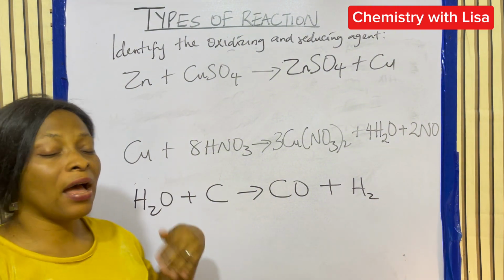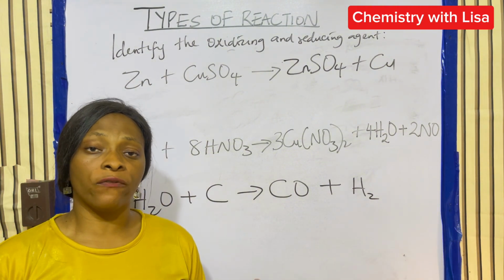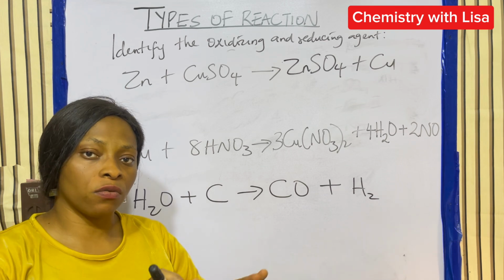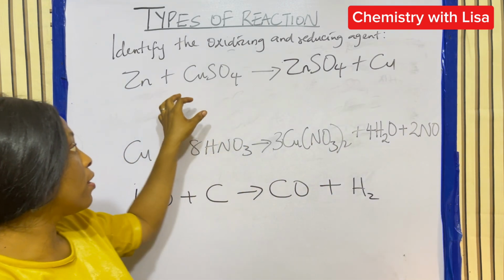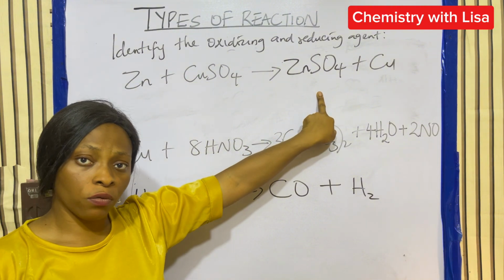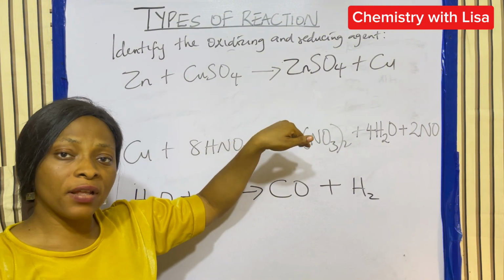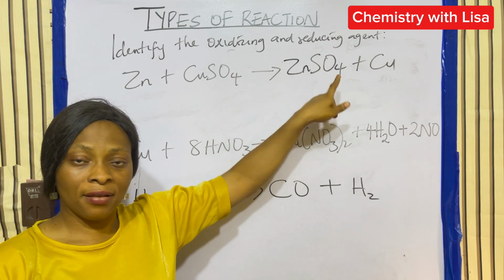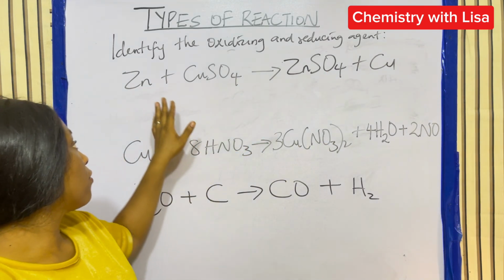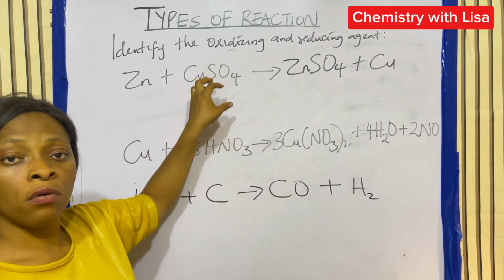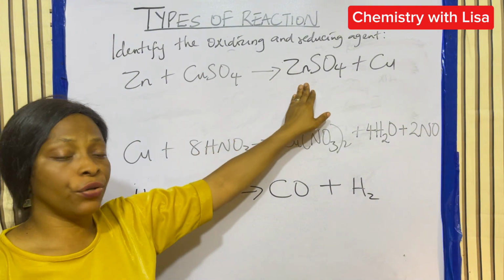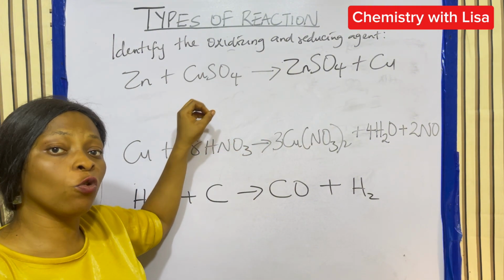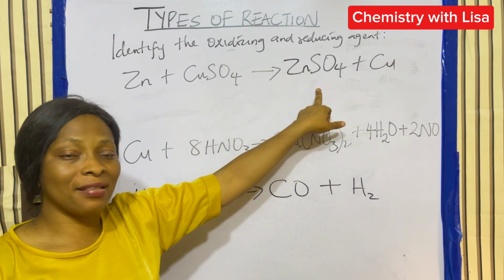Now remember, an oxidizing agent is going to give out and be reduced in the product, while a reducing agent is going to collect and increase in the product.